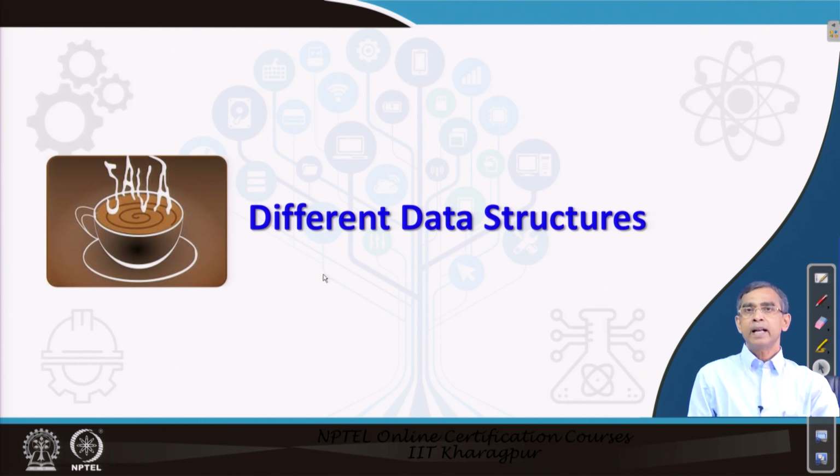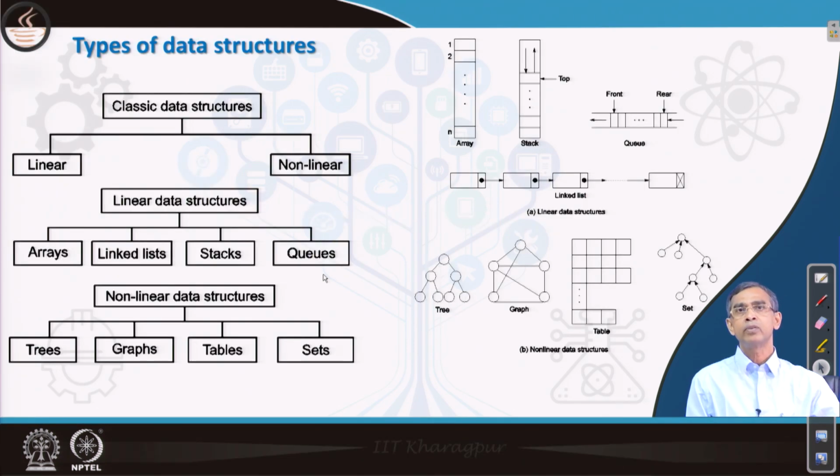Now, there are many data structures known so far. I will quickly try to give a brief introduction about the different structures for the different types of data. You can see one taxonomy tree that I have mentioned here. We can see these are the basic data structures, and then advanced data structures.